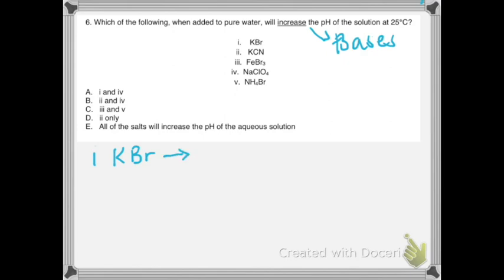And KBr, when it dissolves in water, you end up with K plus and Br minus. And those are both spectator ions, and so these are negligible. So dissolving KBr in water won't do anything to the pH.